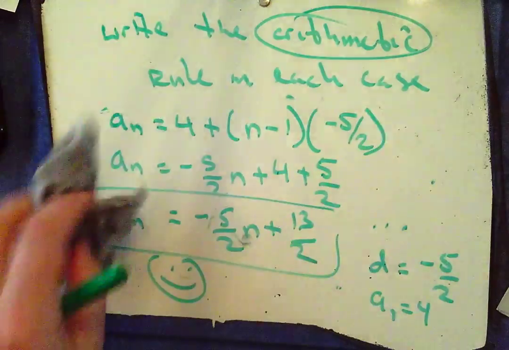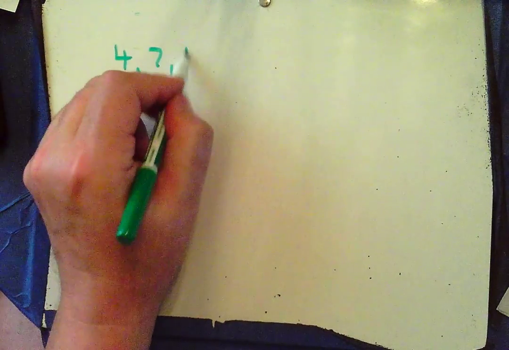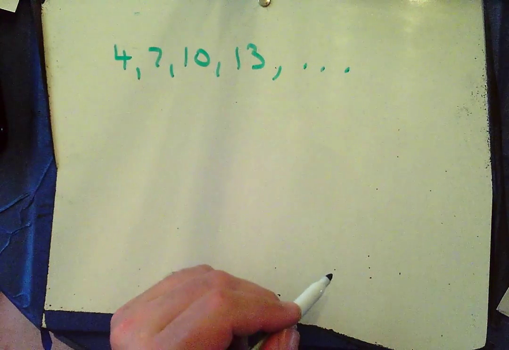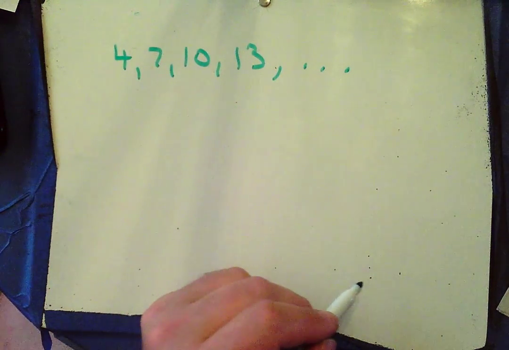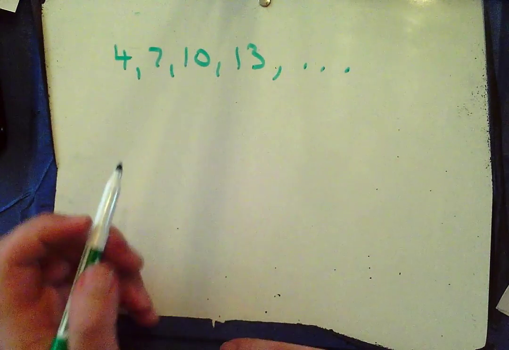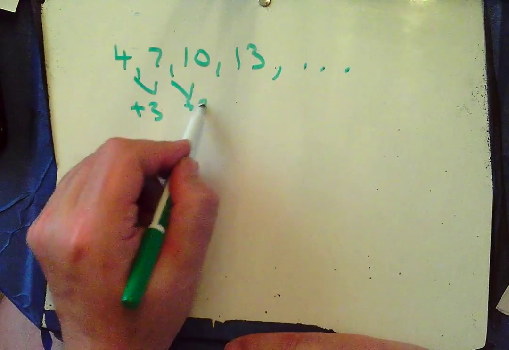Okay, so how about you try these? Again, just write the arithmetic rule: 4, 7, 10, 13, and so on. Pause the video, give that one a try. Okay, any luck? I notice this goes up by 3 each time.